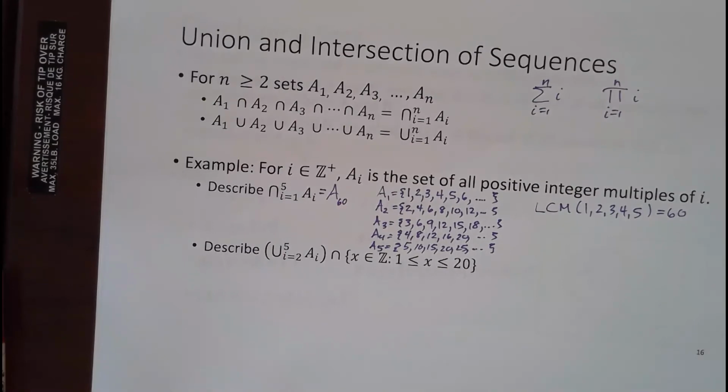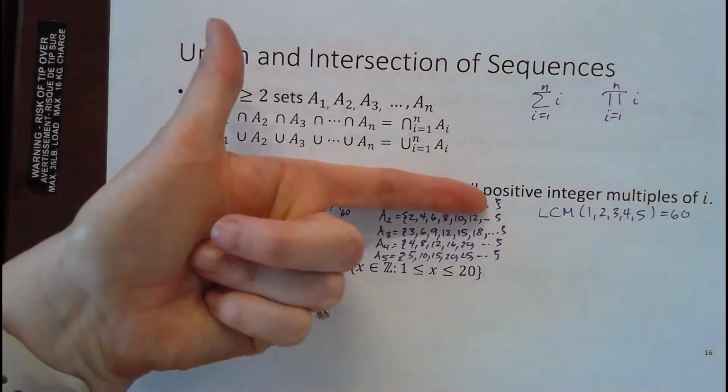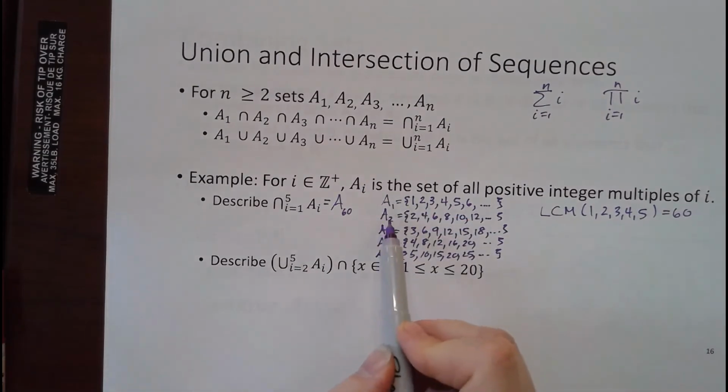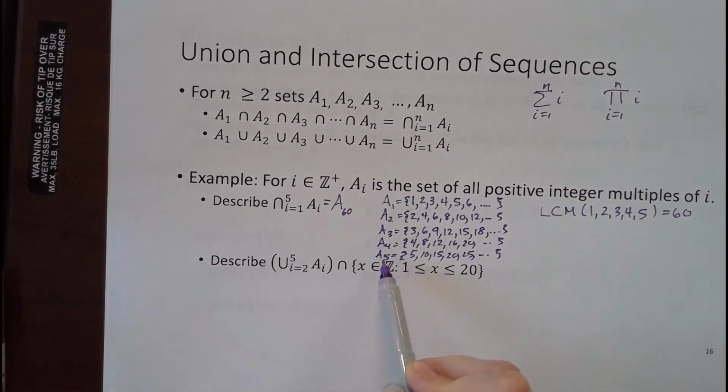All right. Let's say we wanted to do the union of, so we're not doing this one anymore because that's just going to give us all the positive integers. But starting at 2 up to 5, so we're going to take all of these and union them together, okay, and then intersect that with integers that are between 1 and 20.